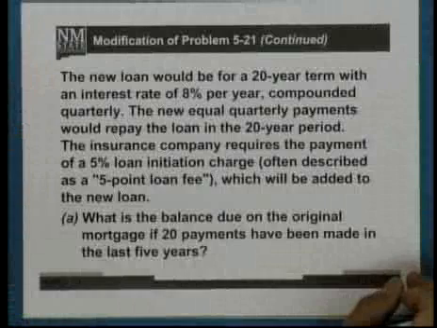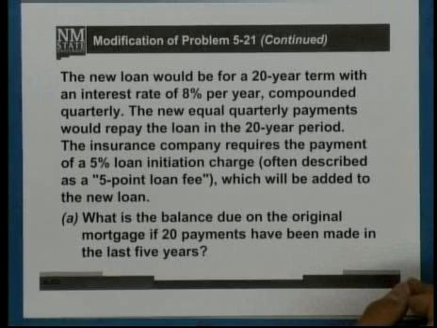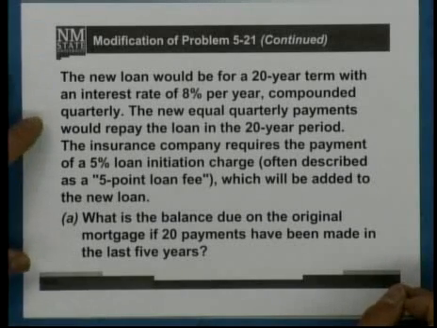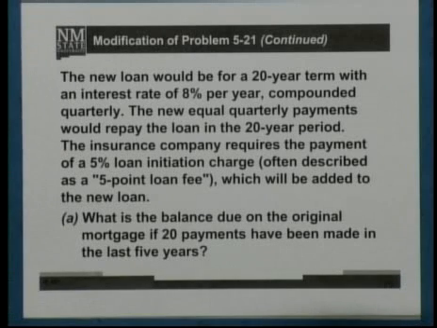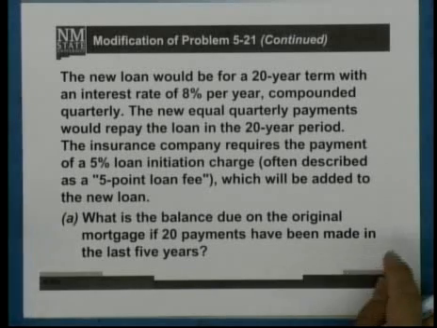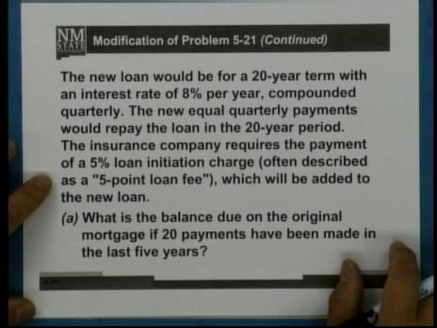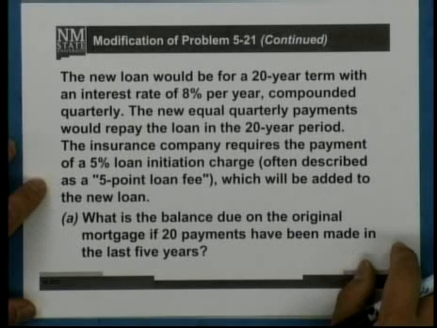And the new loan would be for a 20-year term with an interest rate of 8% per year, compounded quarterly. The new equal quarterly payments would repay the loan in the 20-year period. The insurance company requires the payment of a 5% loan initiation charge, often described as a 5-point loan fee, which will be added to the new loan.